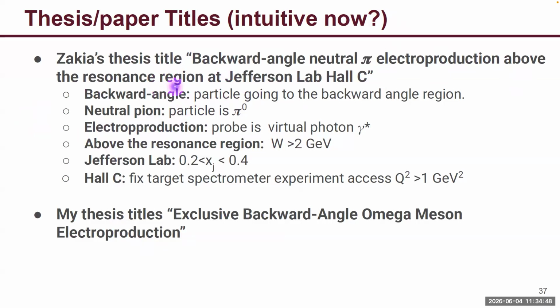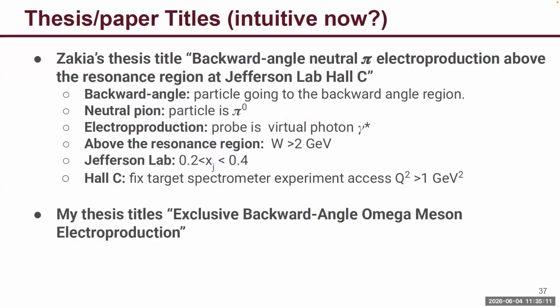The backward angle means that the particle emitted comes back, upstream of the target. The neutral pion is pi 0. Electroproduction means that our probe is a virtual photon. Above the resonance region means that W is above 2 GeV.